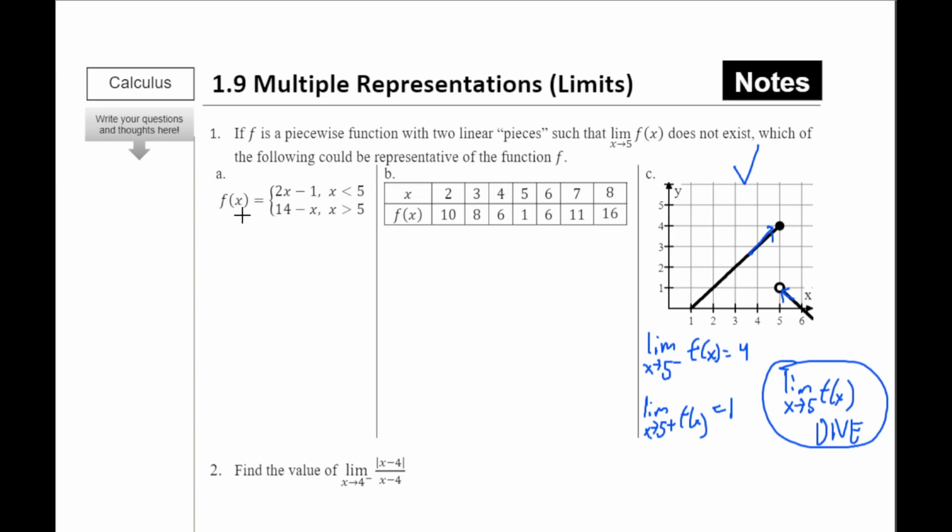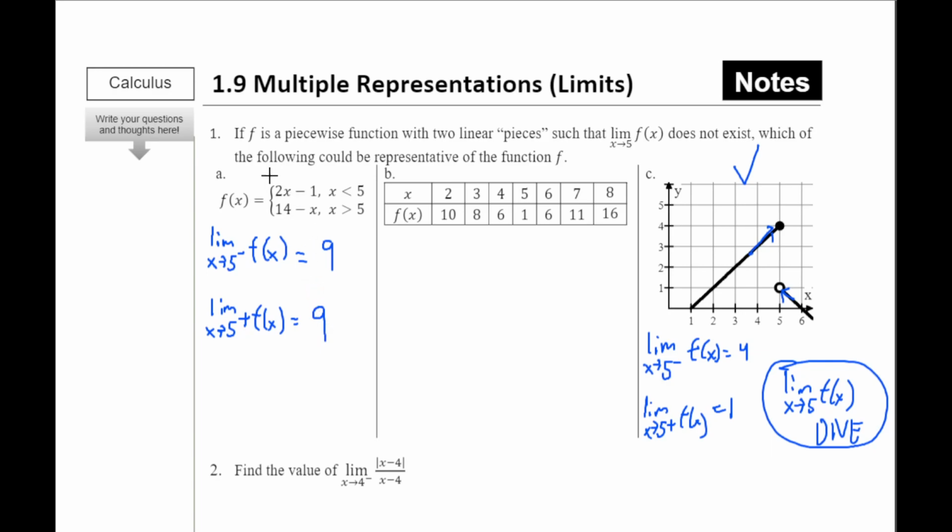Let's look at part A next. Here is where we plug in the values. The limit as x approaches 5 from the left, for x values less than 5, that's the top function here. That's 2 times 5 minus 1, which is 9. And the limit as x approaches 5 from the right is equal to 14 minus 5, which is 9.